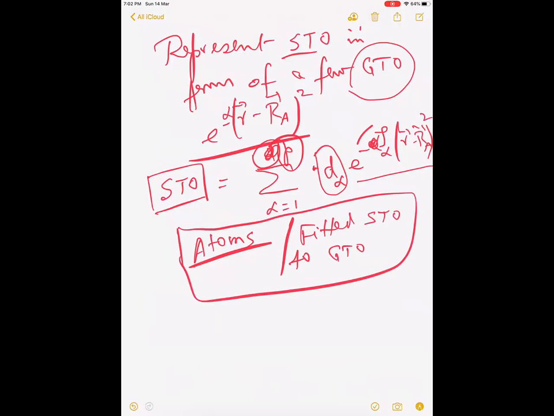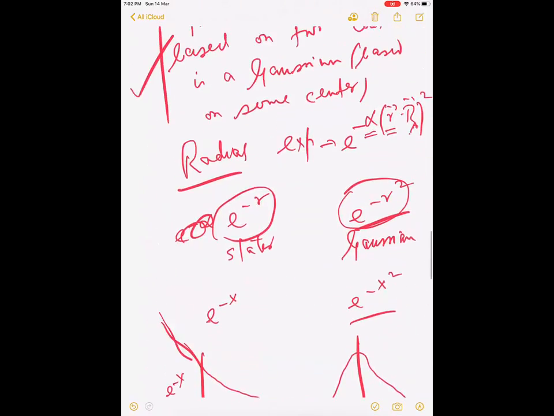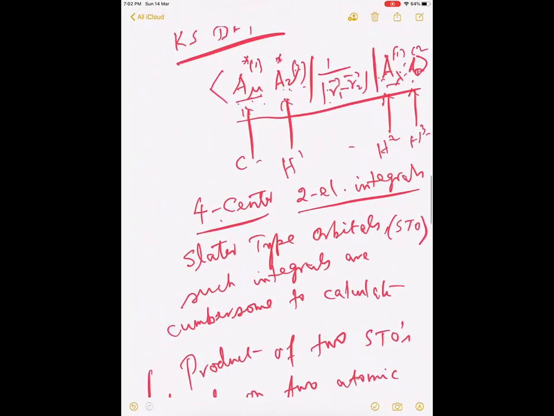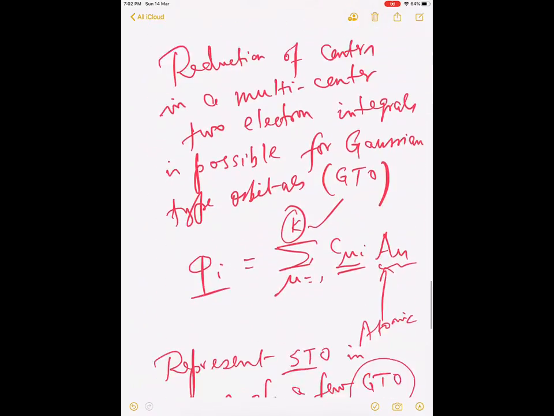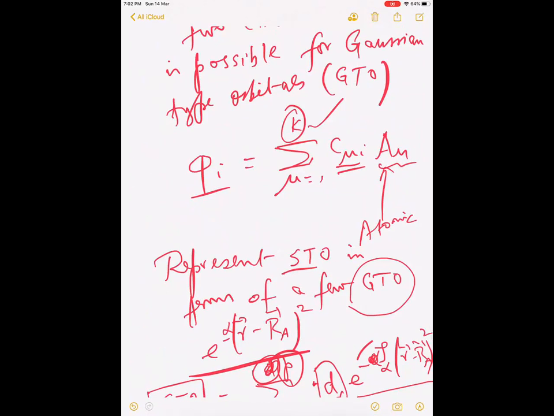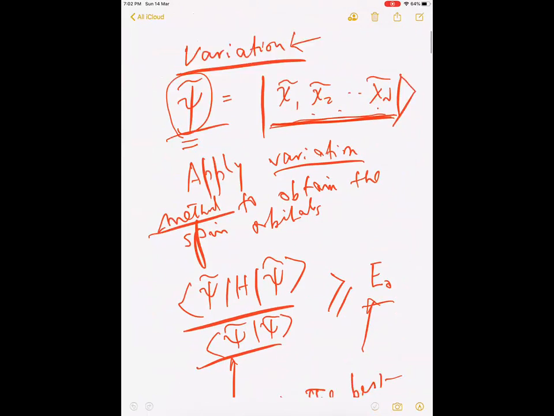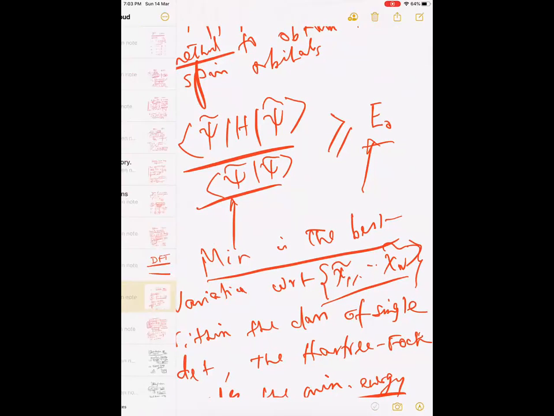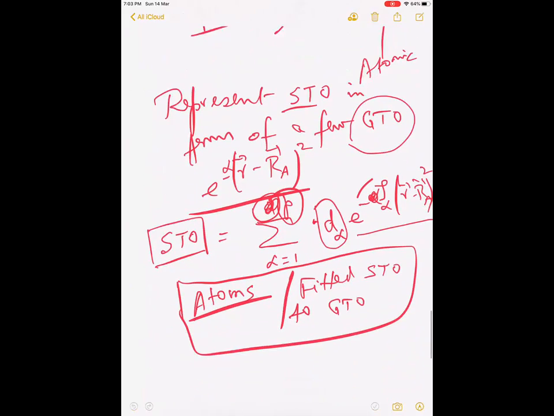So this fitting is already done independent of the Hartree-Fock. So the Hartree-Fock we don't bring in. We simply know this combination and then directly go to the two-electron integral, where each of these orbitals will now be expanded in terms of these Gaussians.